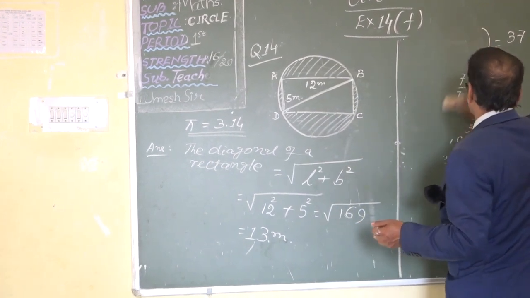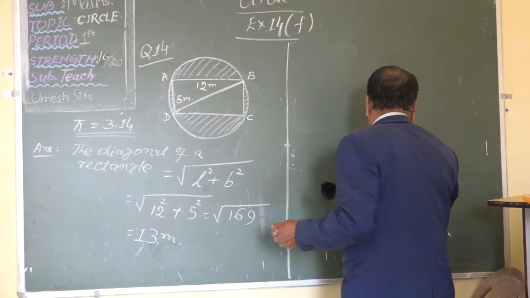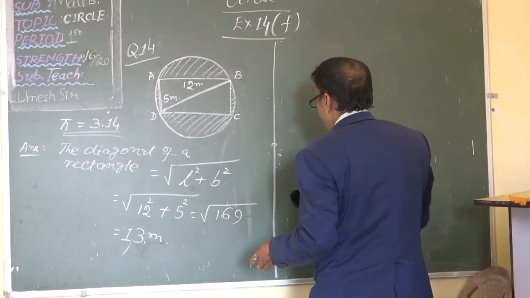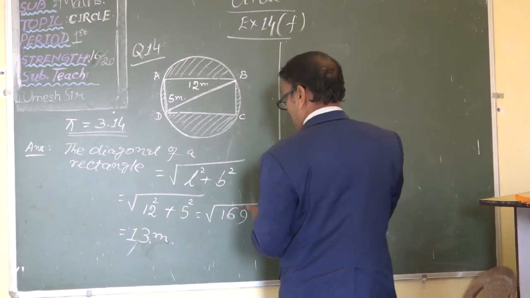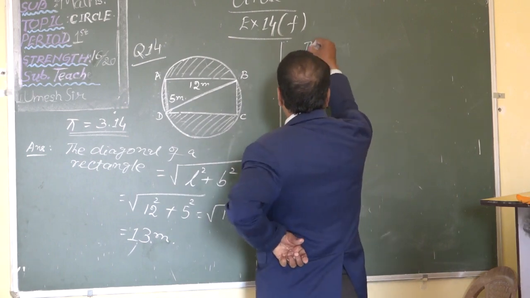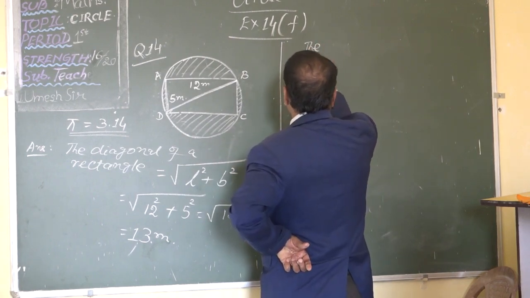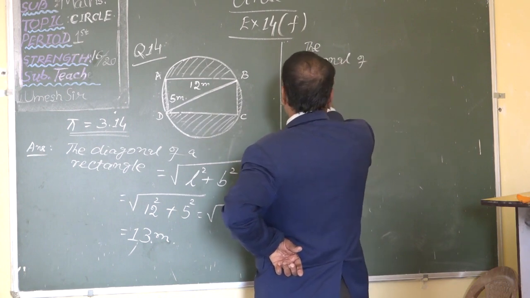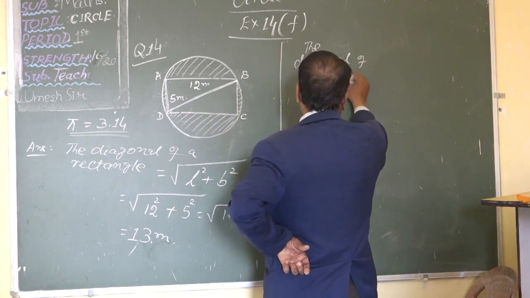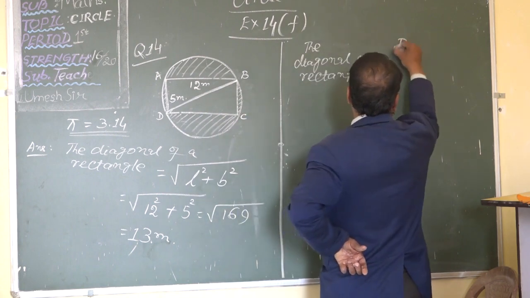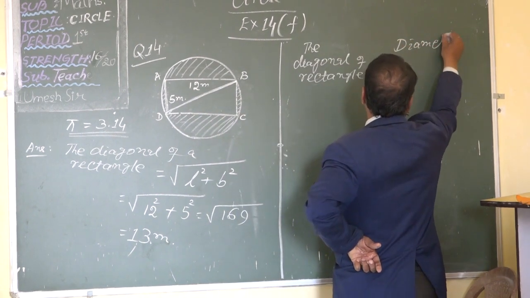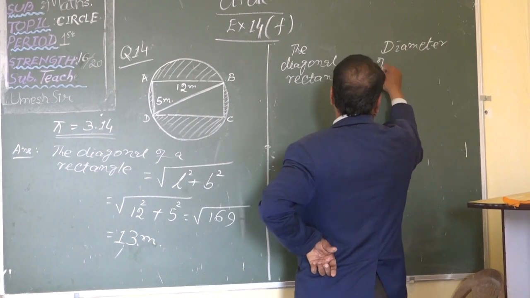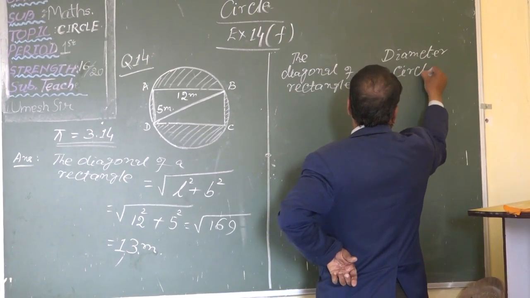Now you say me, the diagonal of rectangle is equal to what of the radius? What is the diameter? The diagonal of rectangle is equal to the diameter of circle.